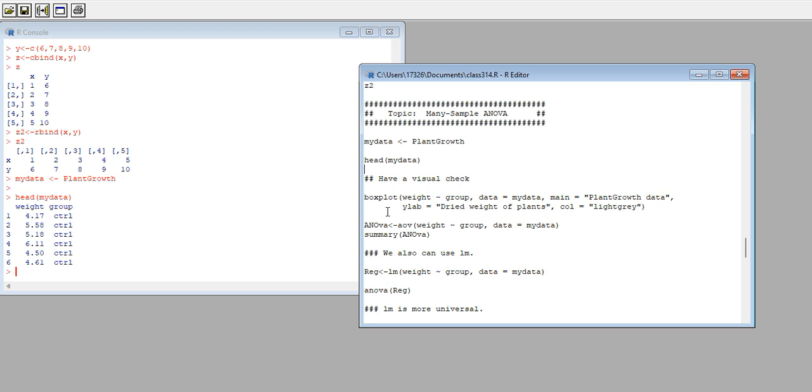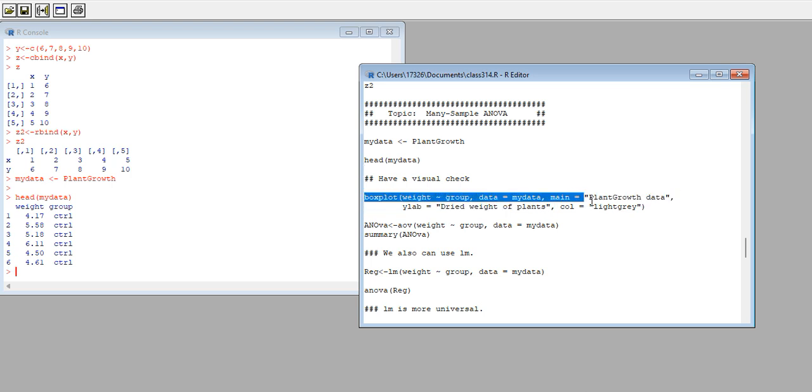So we can use a box plot. We want to check whether the weight is related to groups, so use this data. And here we can set the title for this graph, the y label, x label, or color.